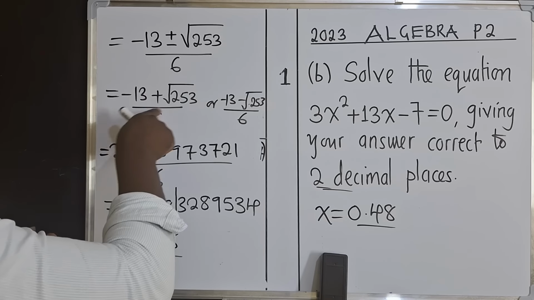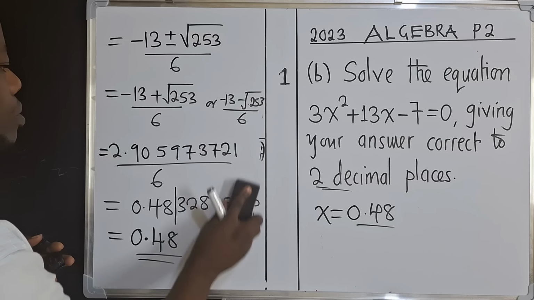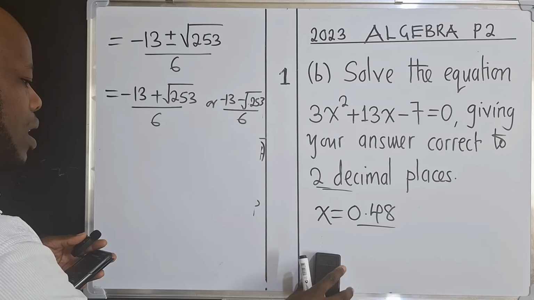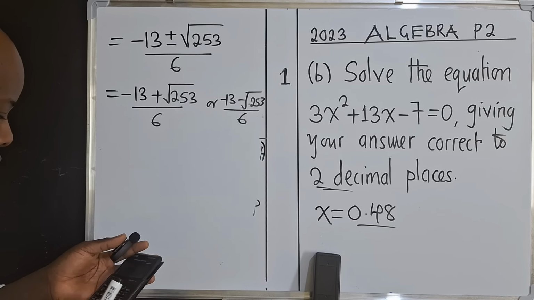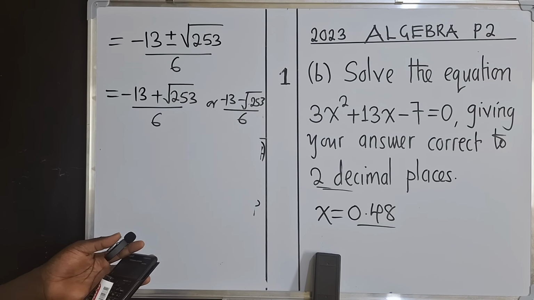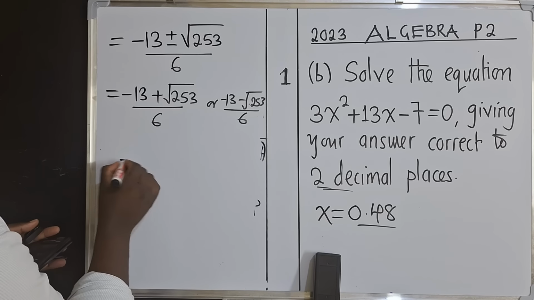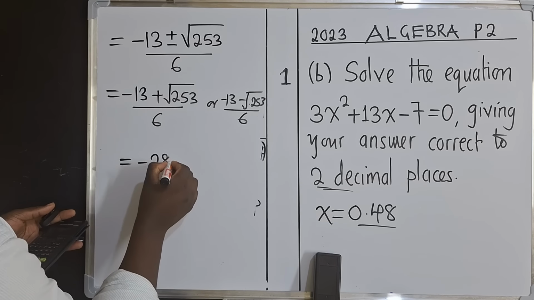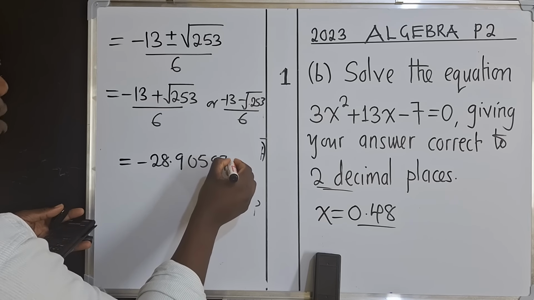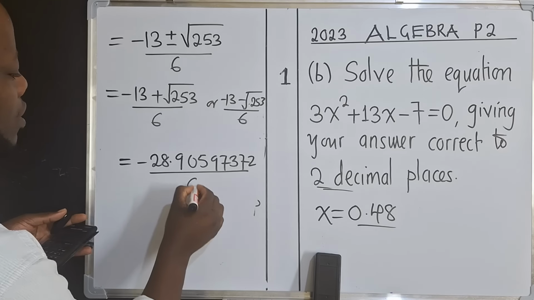So we've worked out this one and it has given us this. Now we come to the other one. For this other one, we shall say negative 13 minus square root of 253. What are we getting? We're getting negative 28.90597372. And then we divide by 6.